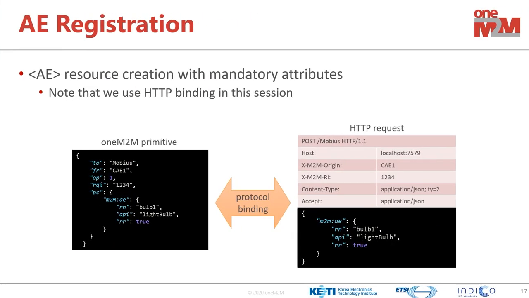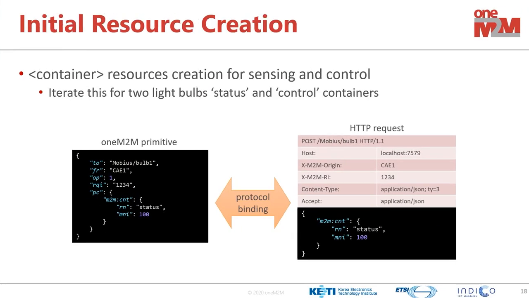And then the next step is we are creating two different containers for individual lightbulb 1 and 2. One is the status for the sensor reading, and the other one is the control. Under lightbulb 1 and 2, there are AE resources. So let's do that.